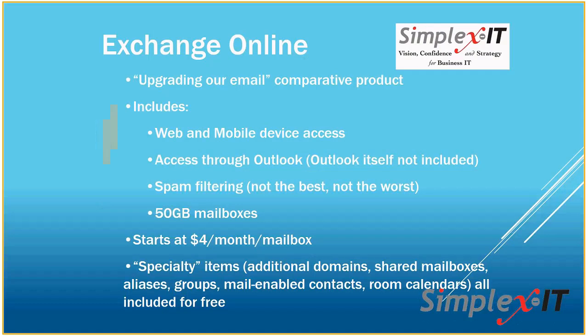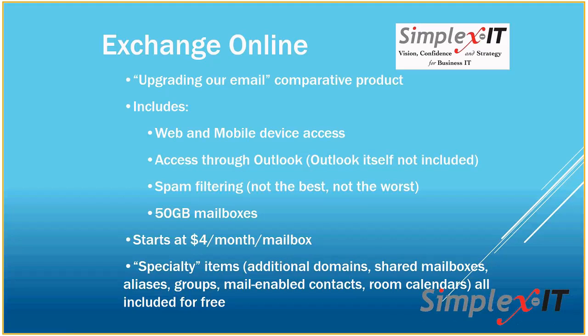That one license, which is $4 a month, wasn't on that list. That Exchange Online, that's your email migration price. Everything else, all of the other licenses include features and functions that you don't have with your current email environment, if you've got a current Exchange email environment. So when you're pricing it out, make sure that you keep that in mind.